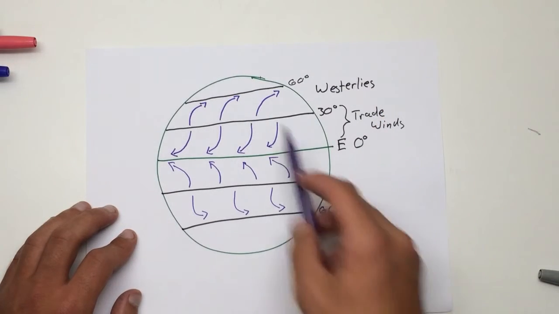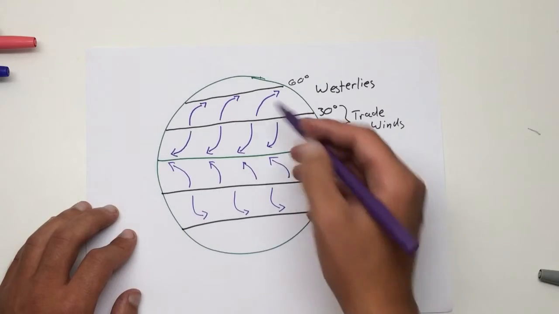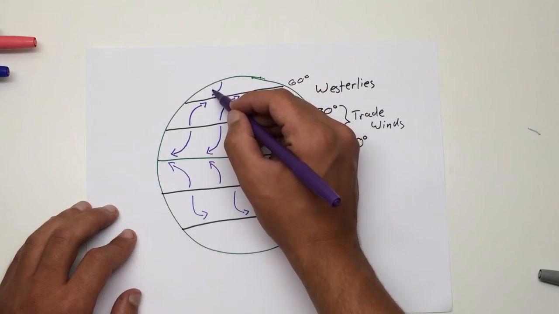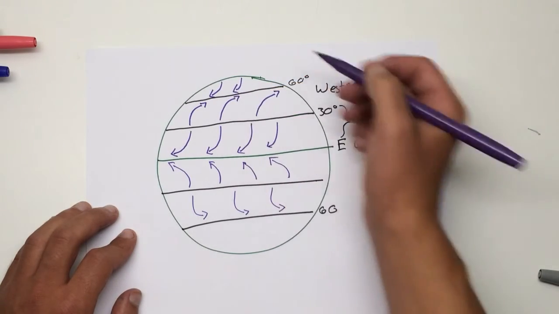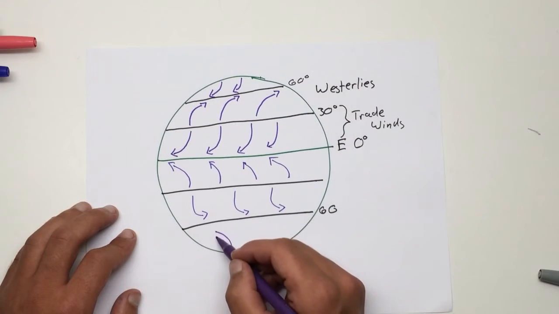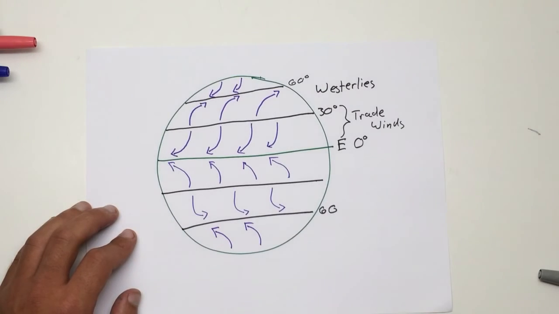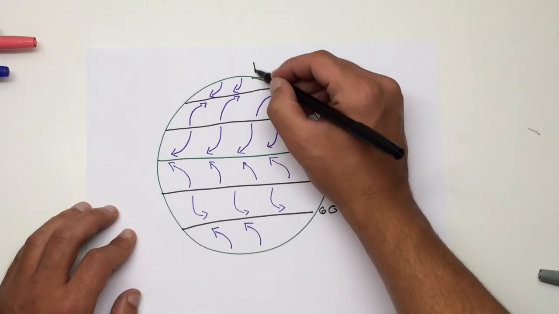And up at the top here, above 60 degrees latitude, we have what are called our polar easterlies. These are winds that move towards the west like this. Same thing at the South Pole, they move towards the west like this. Again, those are called the polar easterlies.